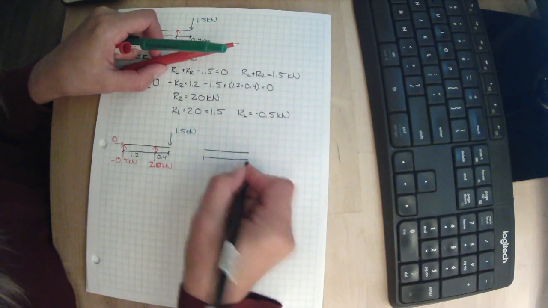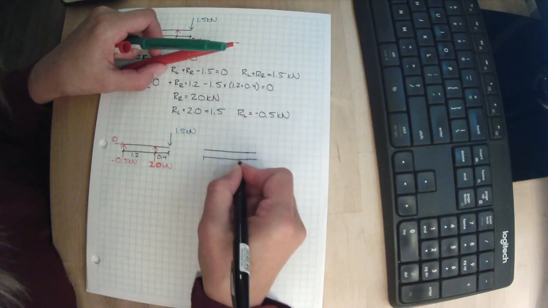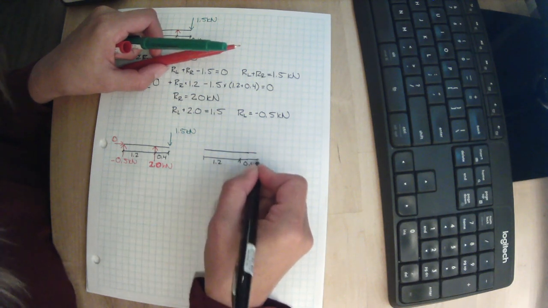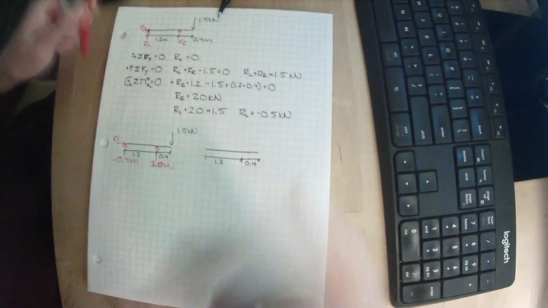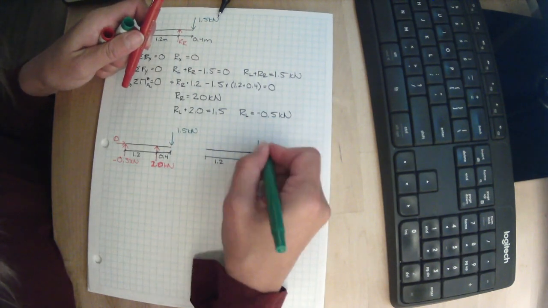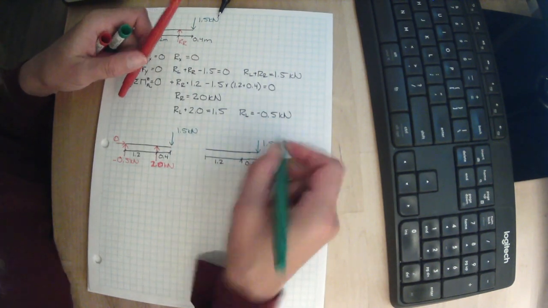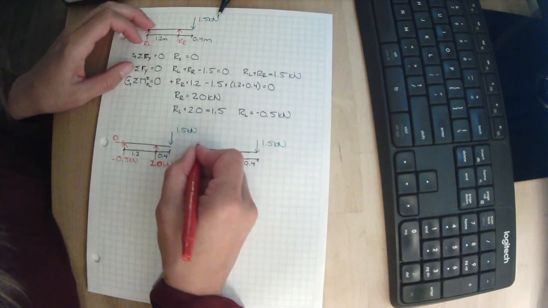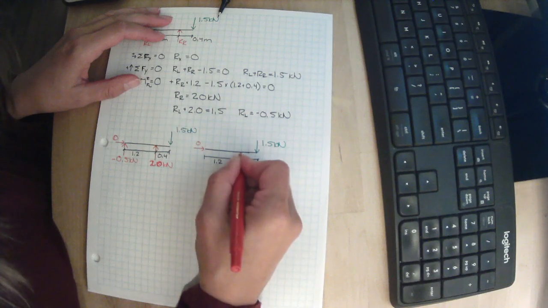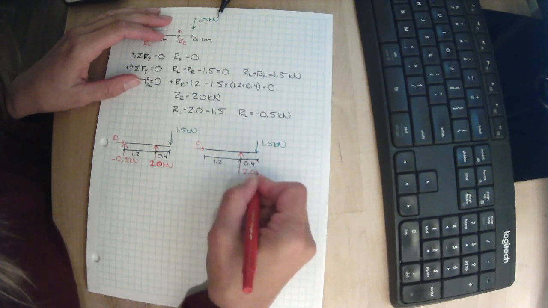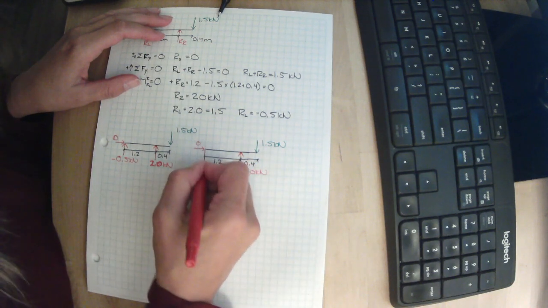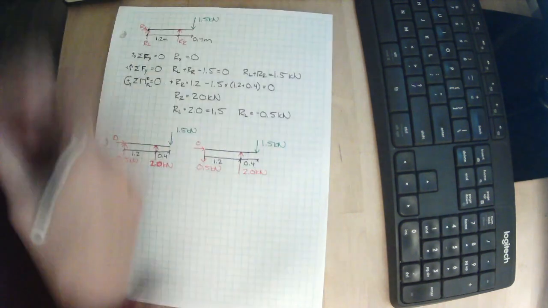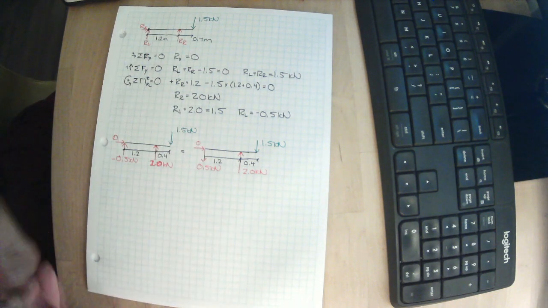No, I think there's more. 1.2 and 0.4, and our applied load, 5 kilonewtons. That's 0. That is 2.0 kilonewtons. 0.5 kilonewtons. These two things are equal.